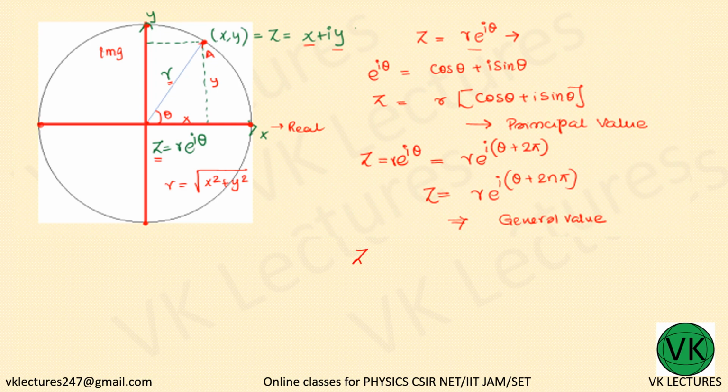This is z equal to r times cos of theta plus 2n pi, plus i sin of theta plus 2n pi. This is how you write the general value.